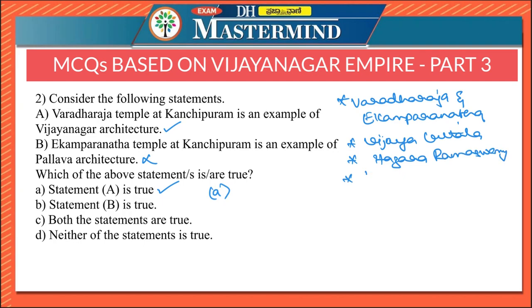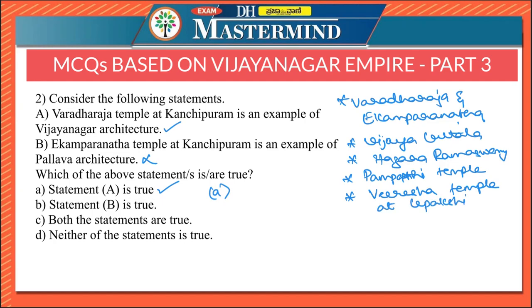Along with this, the Pampapati or the Virupaksha temple, and then the Veeresha temple at Lepakshi are all examples of Vijayanagar architecture.